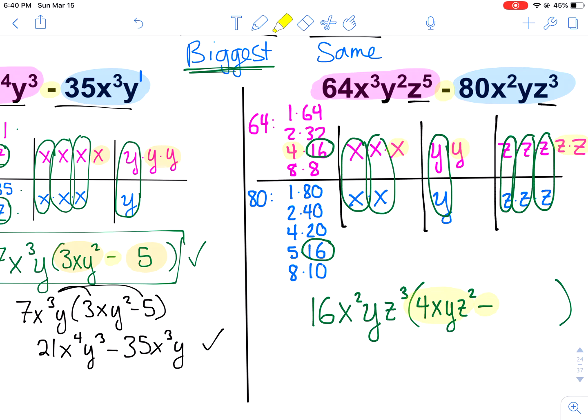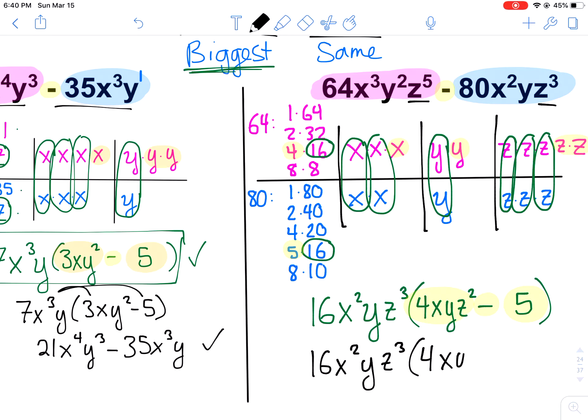On the bottom we have 5, and that's it. Nothing else left. So our final answer is 16x squared yz cubed times 4xyz squared minus 5.